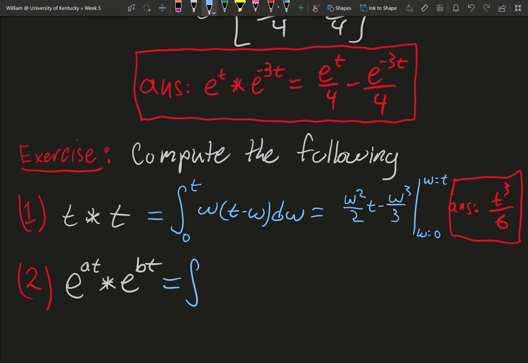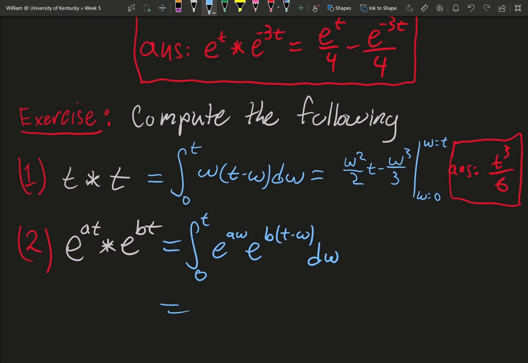Right, similarly here, e to the aw, e to the b times t minus w, you could again pull this out, this e to the bt.